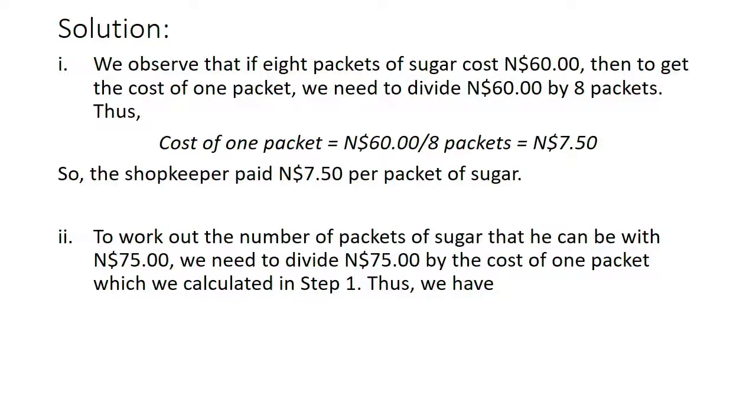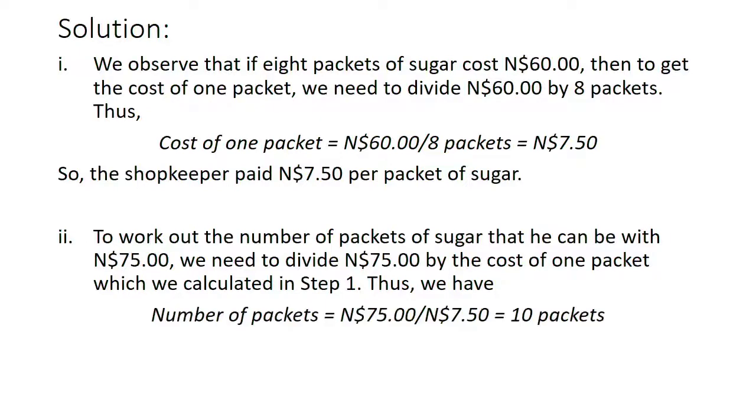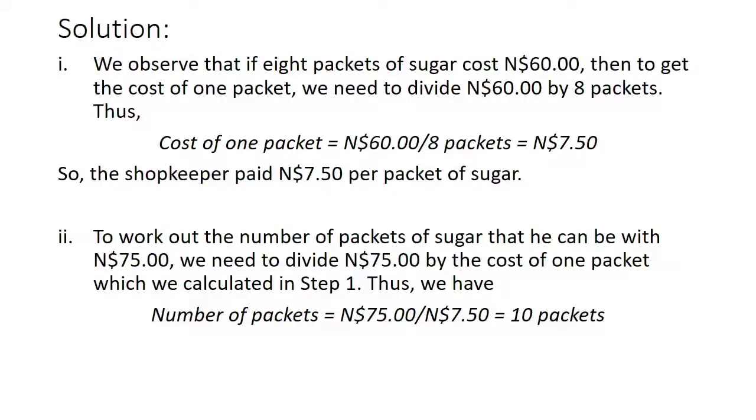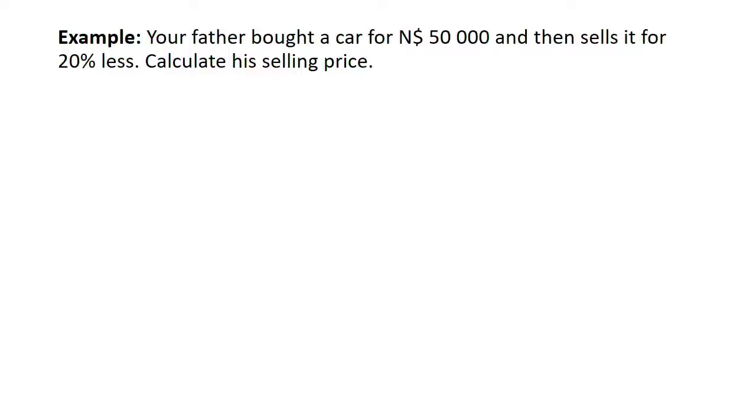The cost of 1 packet we already worked out in the first step, and therefore we get 75 divided by $7.50, and that gives us 10 packets of sugar, which means that the shopkeeper will be able to buy 10 packets with 75 Namibian dollars. It's really that straightforward. Now let's look at another example.